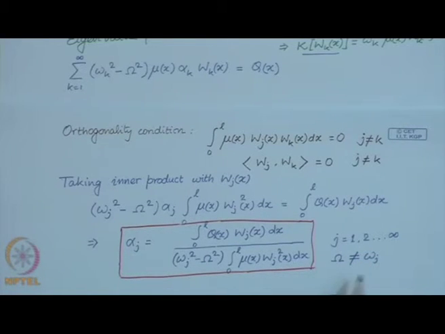So, the circular forcing frequency is not equal to any of the circular natural frequencies of the system. Otherwise, the corresponding alpha j will go to infinity, and you do not have a finite solution in that case.